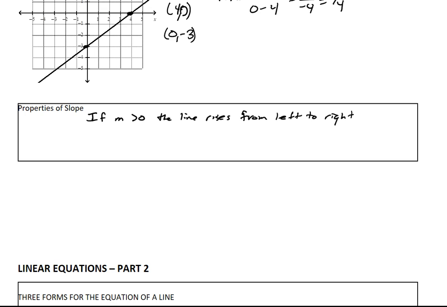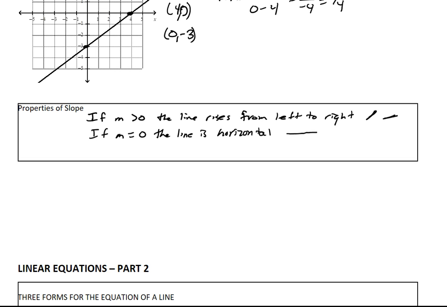Even a slight rise still has a positive slope. If the slope equals 0, the line is horizontal. It looks like a flat line.